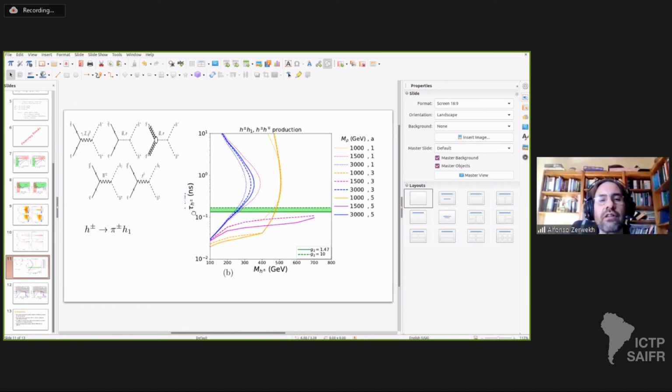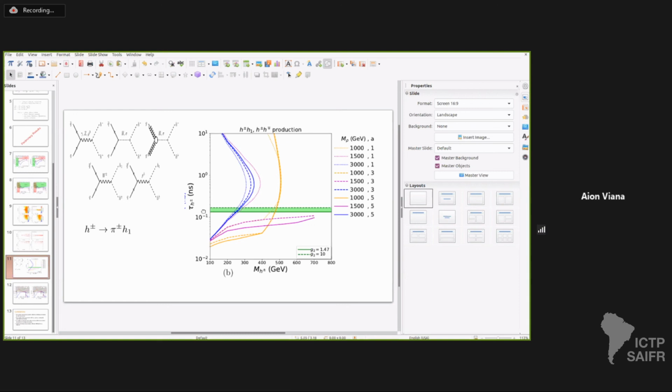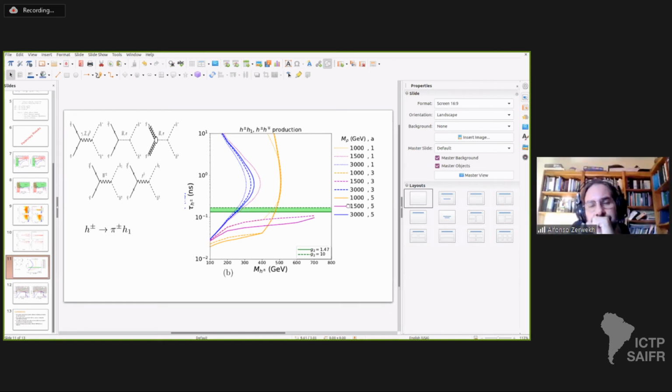For our model, the lifetime of the charged partners of dark matter corresponds to the green area. So the important information in this plot is that, in principle, a collider like the LHC can exclude the charged partners for masses below 1 TeV.